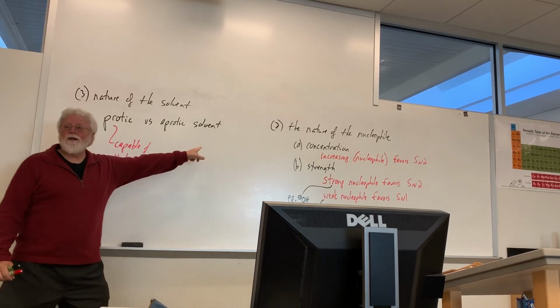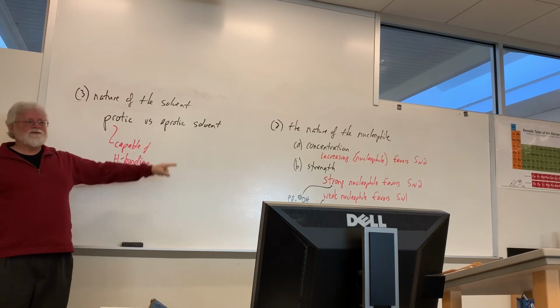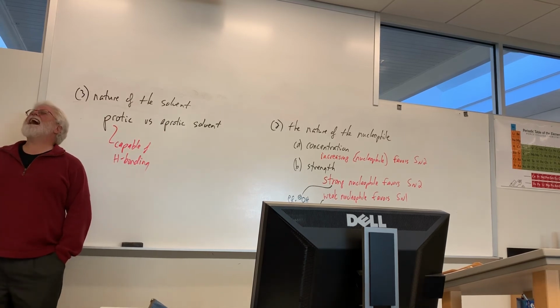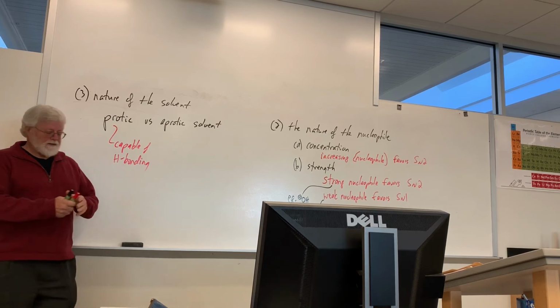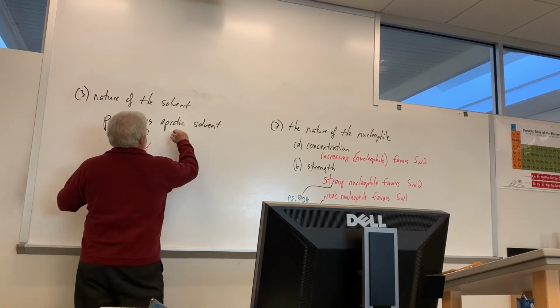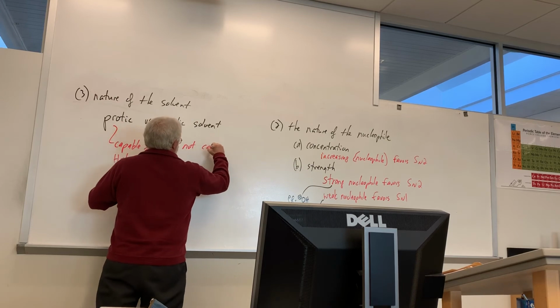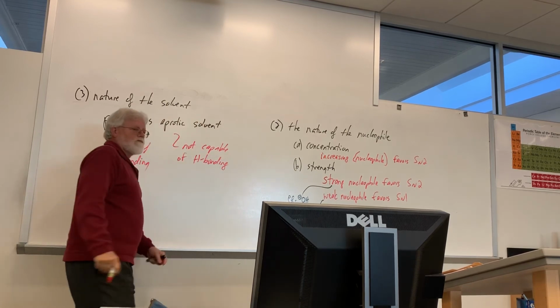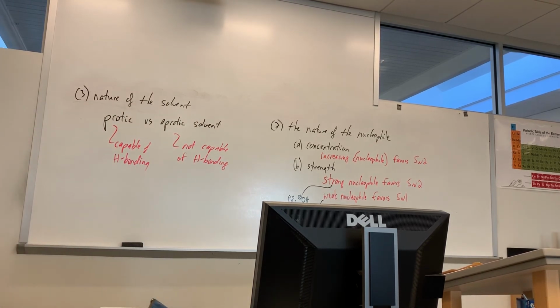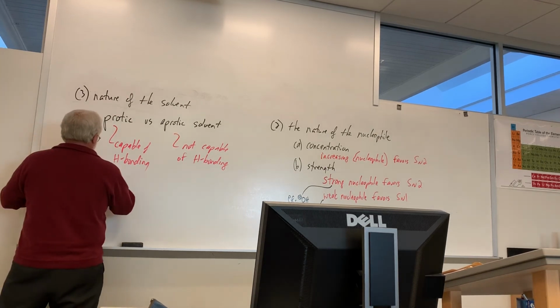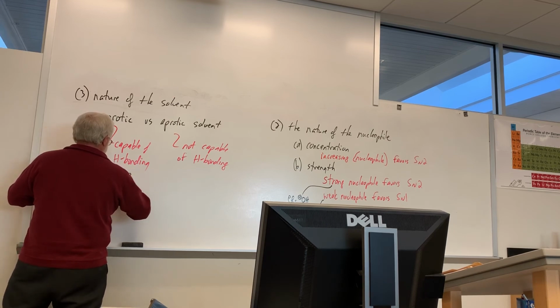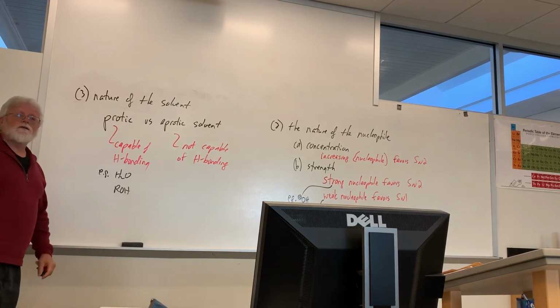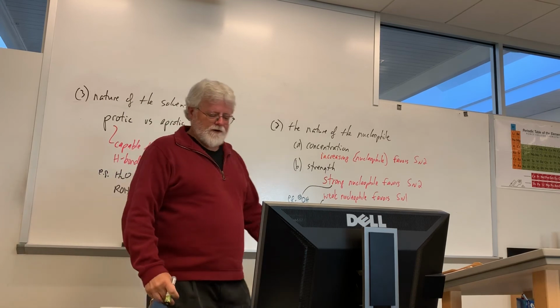So they can still be polar. So when we say aprotic solvent, we're not saying a non-polar solvent. We're simply saying a solvent not capable of hydrogen bonding. So, examples of protic solvents, water and alcohols are probably the two most famous examples.